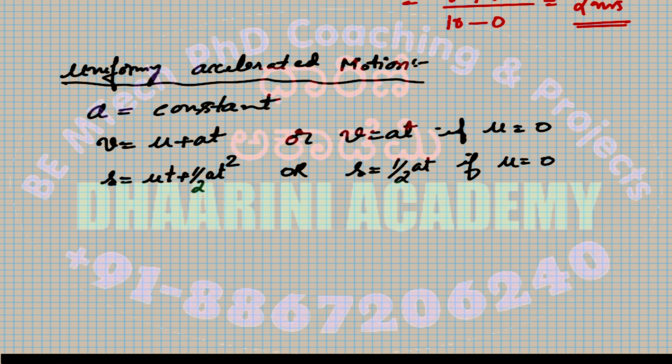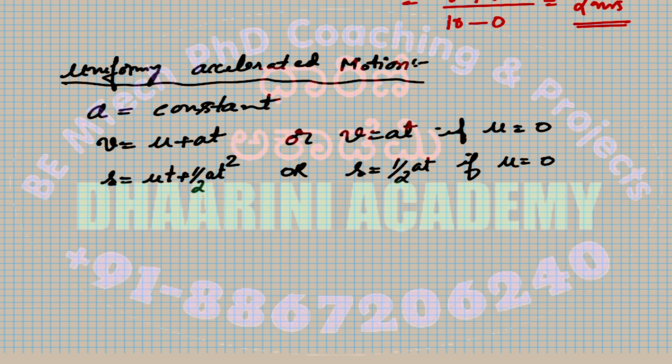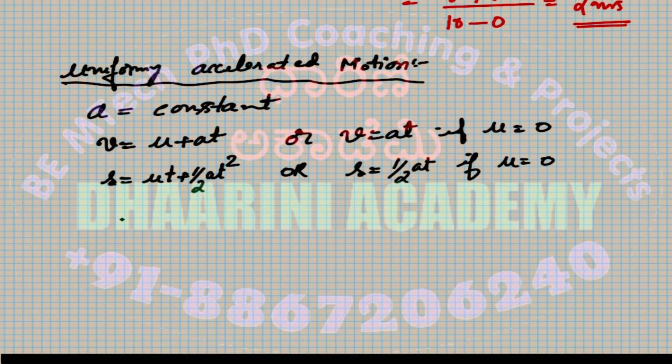Right. And I know that I have another set of equations describing S, provided you have some initial value, that is S naught. S naught plus the same thing, ut plus half at square. This could be the case, or if u is 0, I can write S is equal to simply S naught plus half at square.